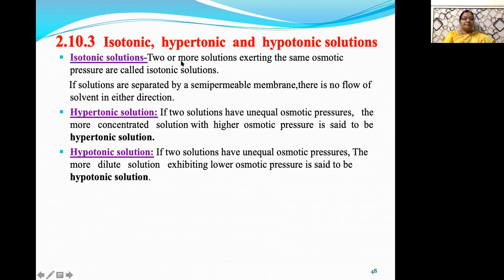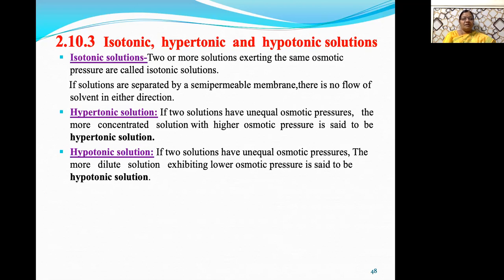Iso means same. When two or more solutions exert the same osmotic pressure, it means they must have the same concentrations, and they are called isotonic solutions. Hypertonic: you know this word hyper means higher. If two different solutions have unequal osmotic pressure, meaning unequal concentration, one is less concentrated and another is more concentrated.